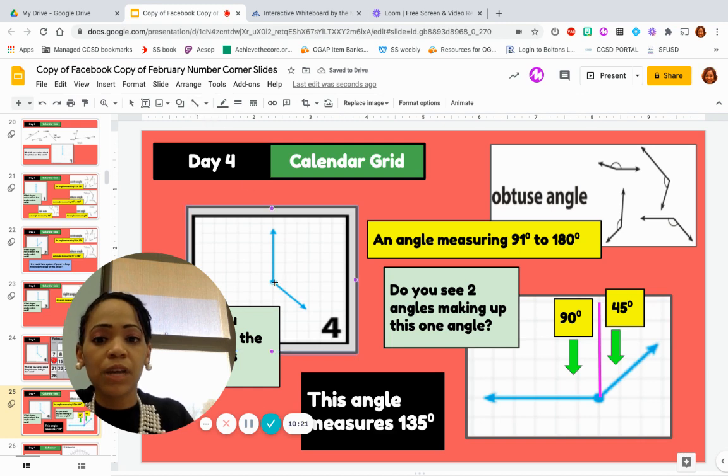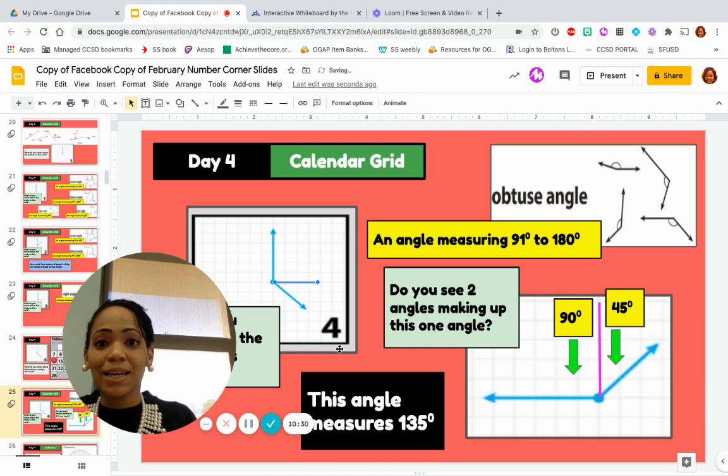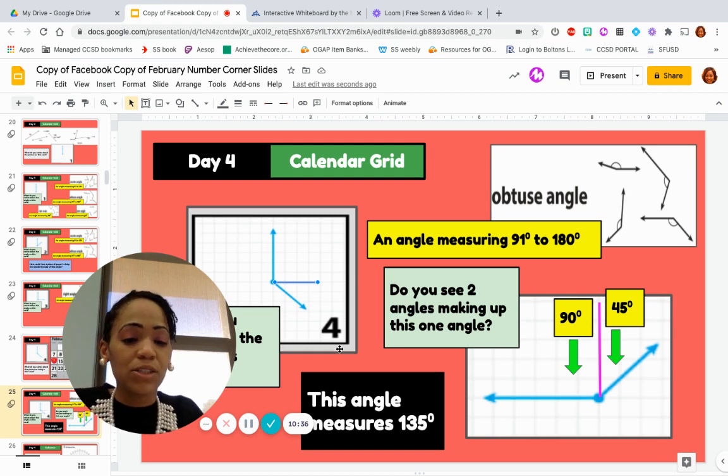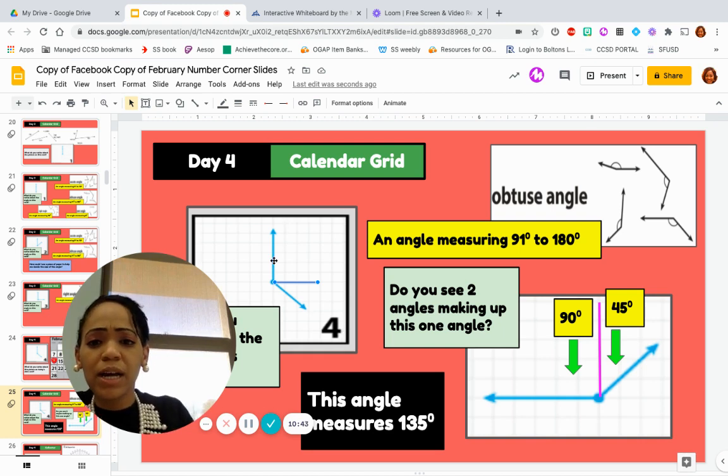So if I were to try to draw a line through this shape, I am using what I would call a benchmark, and my benchmark is 90 degrees. That's a really good benchmark because we like 90 degrees. We've talked about right angles, right triangles a while now, probably even in 3rd grade. So I know that this one is 90 degrees, but I need to figure out exactly what this is.